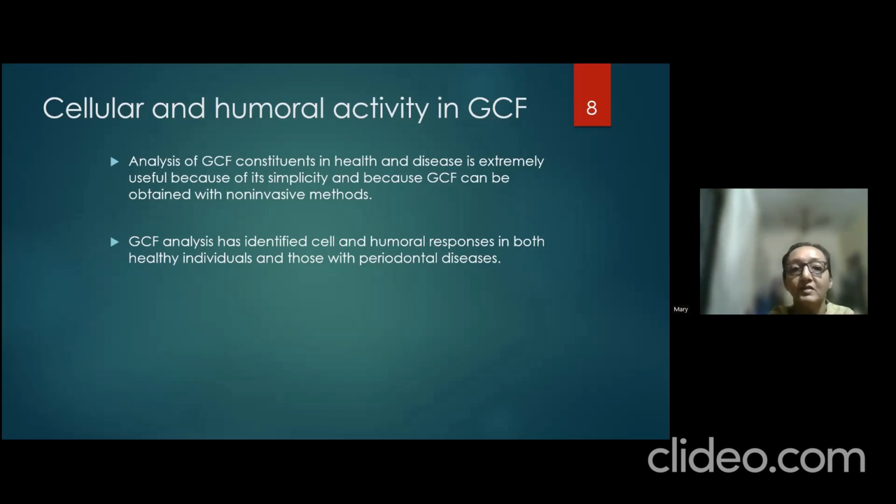The analysis of GCF constituents in both health and disease is extremely useful because of its simplicity and because GCF can be obtained by using very non-invasive methods. GCF analysis has enabled all of us to identify the cell and humoral responses in both healthy individuals and those with periodontal disease.